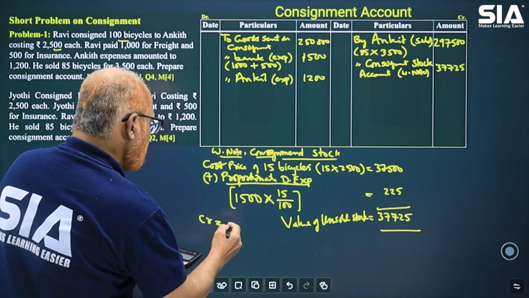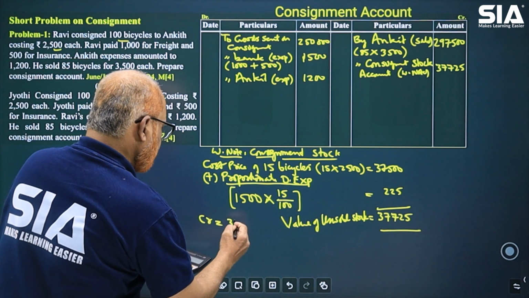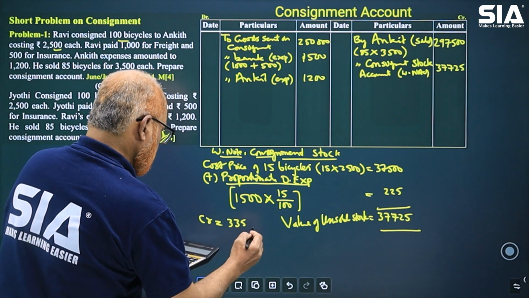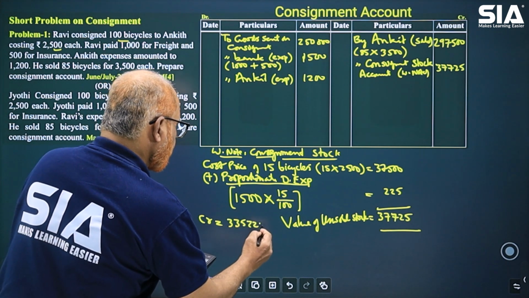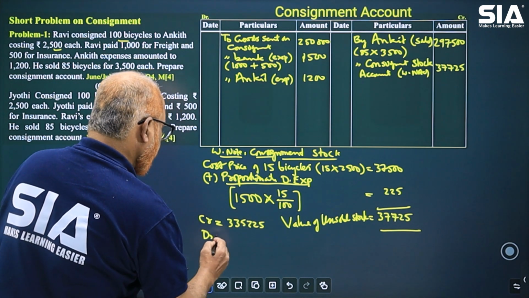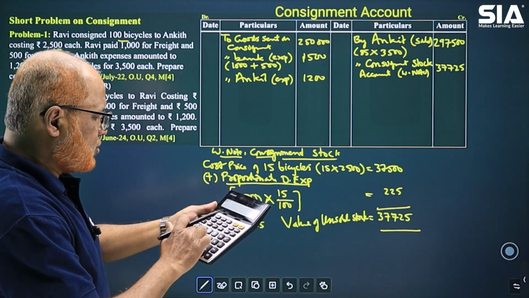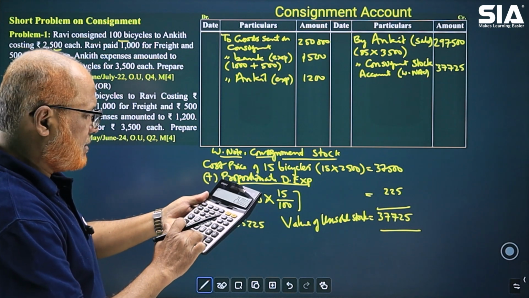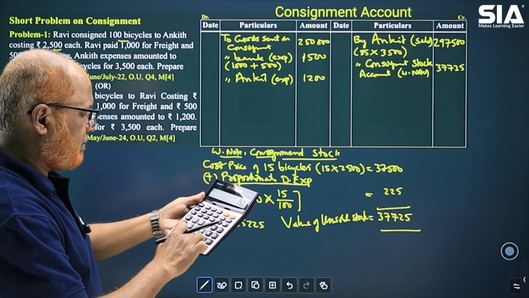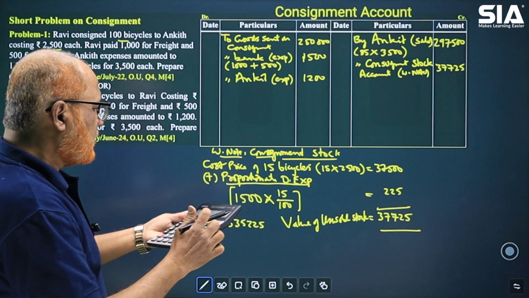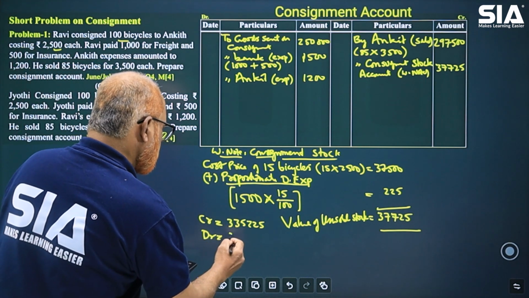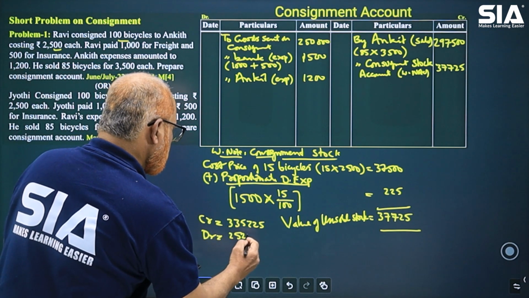It comes to 3,35,225. This is the total of the credit side. Now debit side total: 2,50,000 plus 1,500 plus 1,200. 2,52,700.